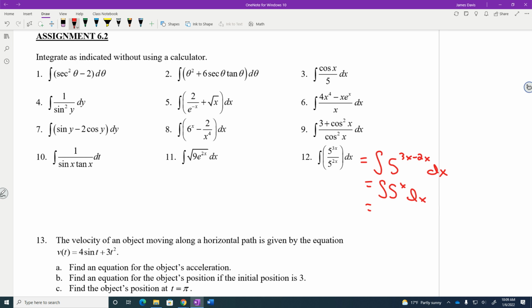Number 9, you also have to simplify, but it's not quite as apparent. Anytime you see a fraction with an adding or subtracting, like number 9 and number 6, you're going to want to split this into two different fractions.